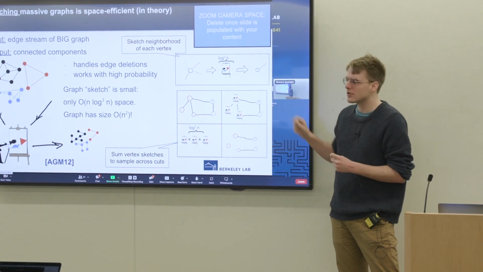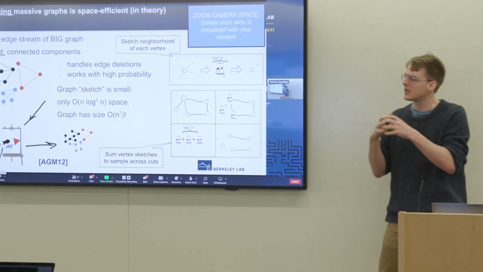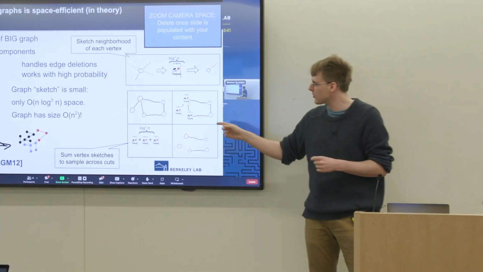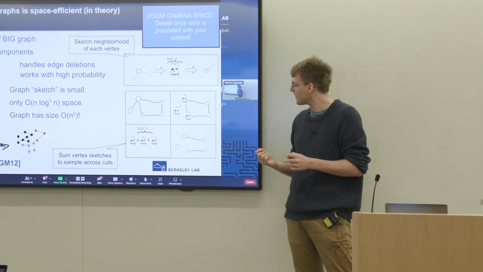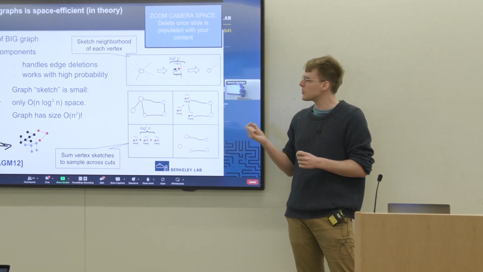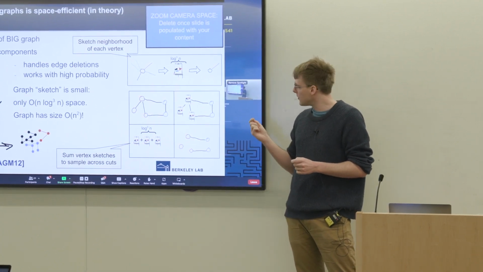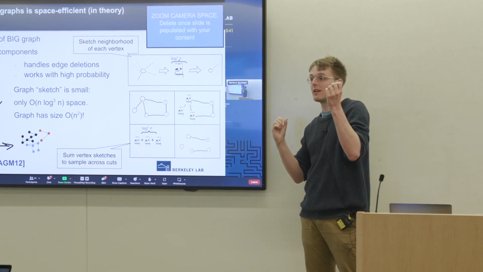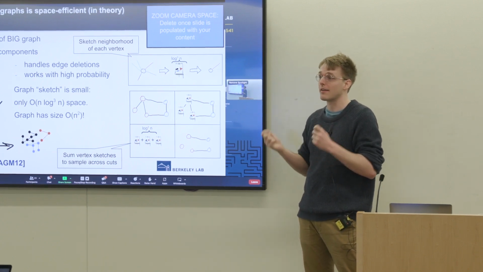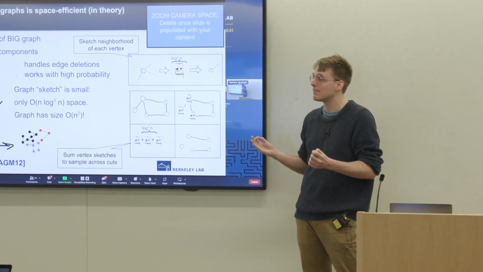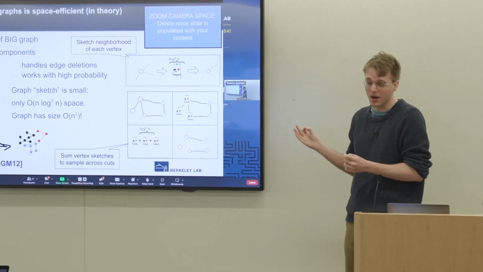We can take our sketches for each of the red vertices and add them together in a way that doesn't actually increase the space. It's still only log cubed n bits. And now when we query that, we don't just sample an edge adjacent to one of those nodes. We actually sample an edge that is one red endpoint and one endpoint in some other part of the graph. So that allows us to grow this connected component. So that's, in essence, how we solve this problem.